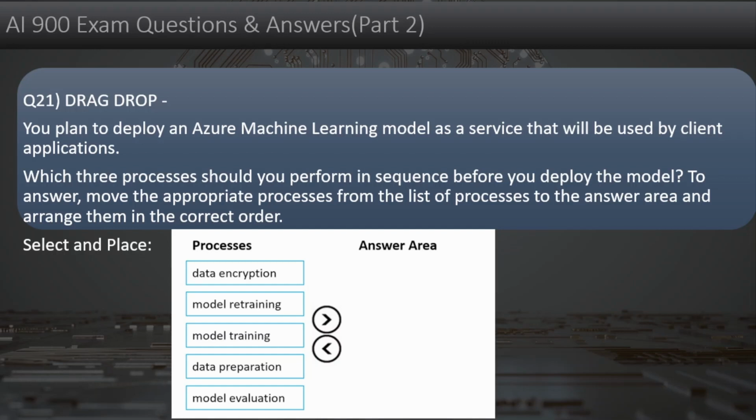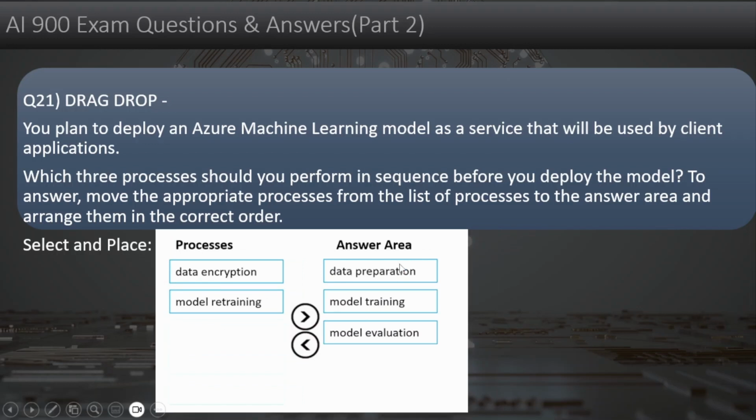We have to select the correct options and paste them over this answer area according to their order. So let's check the answer area. It's data preparation, model training and model evaluation.